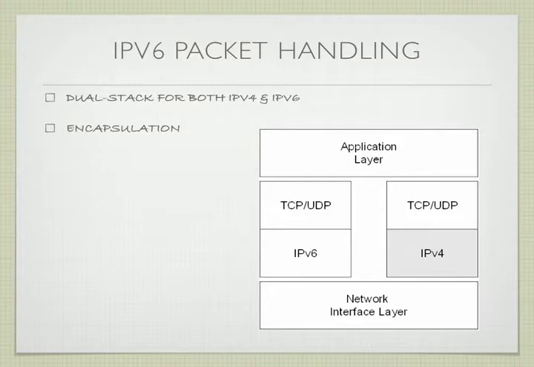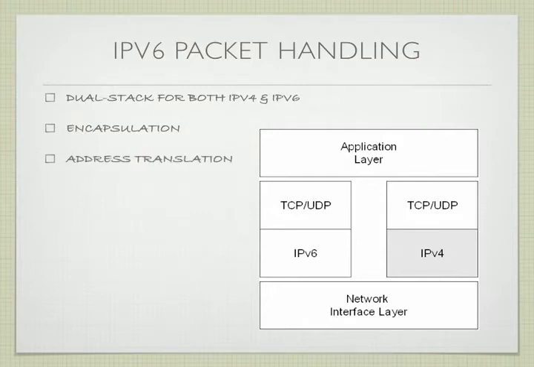So there are two methods to transport our IPv6 across an IPv4 network. We can use encapsulation, where essentially the IPv6 packet and data are wrapped inside of an IPv4 packet, and then the router that understands dual stacks on both ends is encapsulating and de-encapsulating the information.